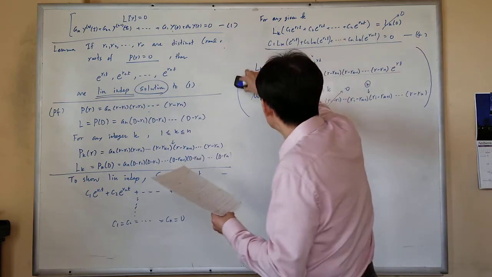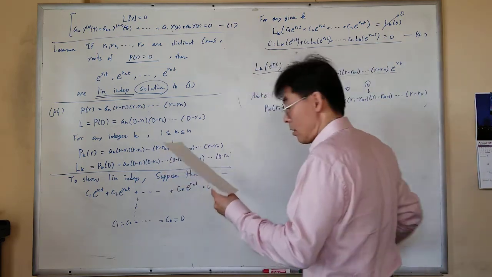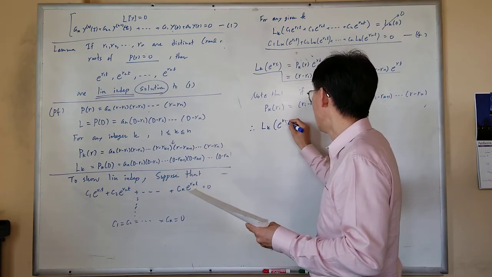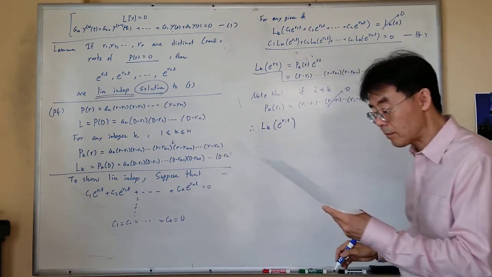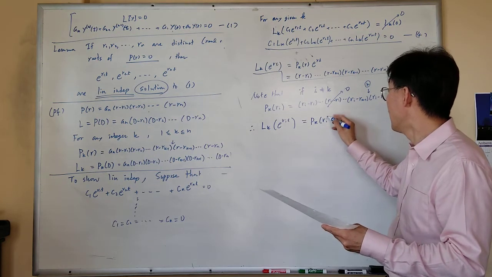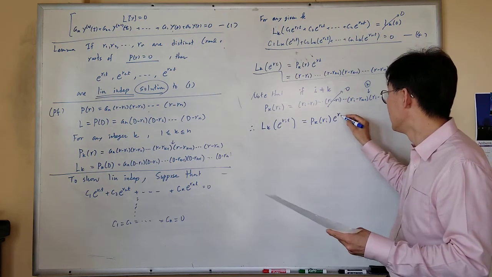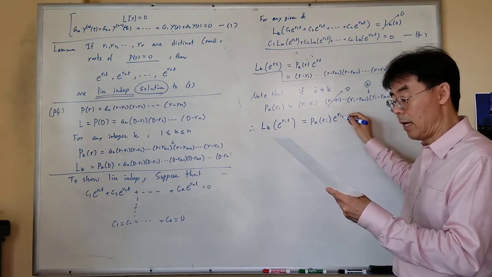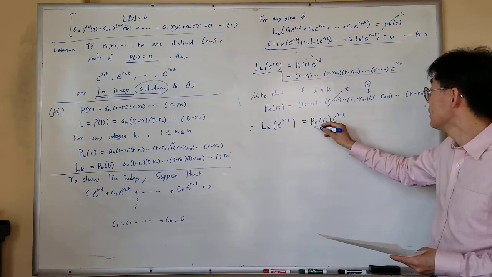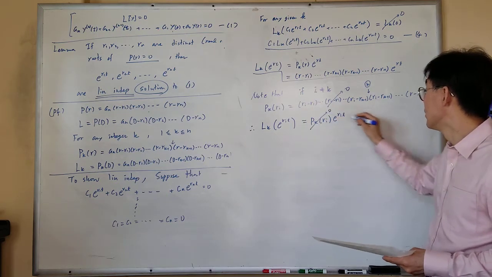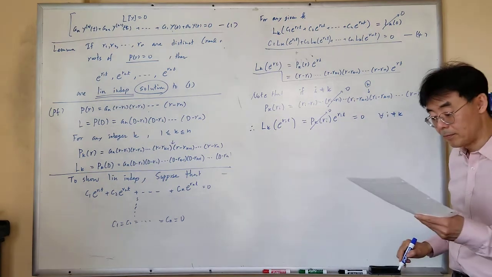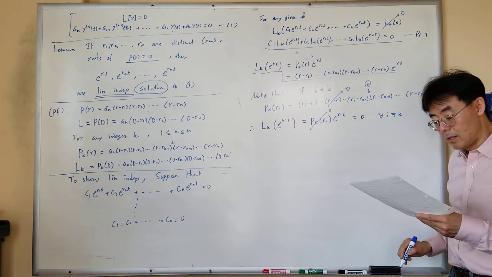Now, because of this, what can you say? Therefore, L_k of e^(r_i t) equals P_k of r_i times e^(r_i t), and instead of r you put r_i, which is 0, for all i not equal to k.